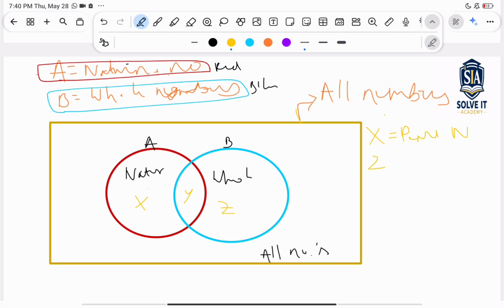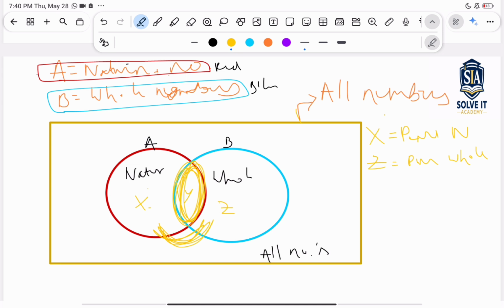What is Z? Pure whole number. And what is this intersection part, which is common in both A and B? Which numbers are common in both A and B?